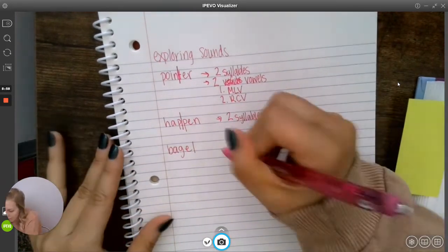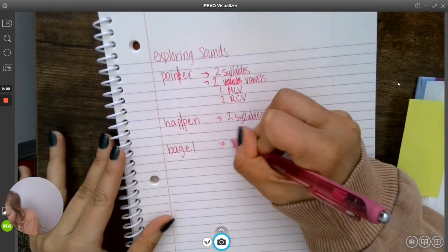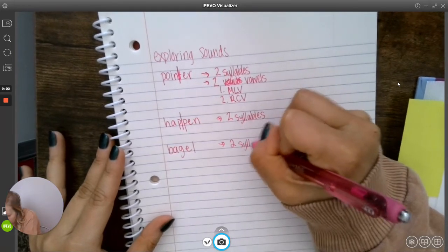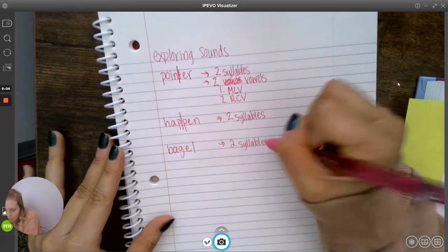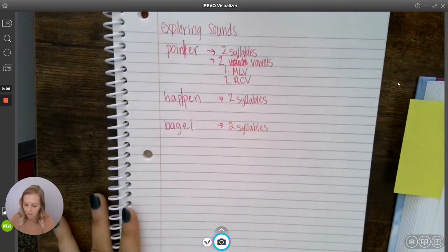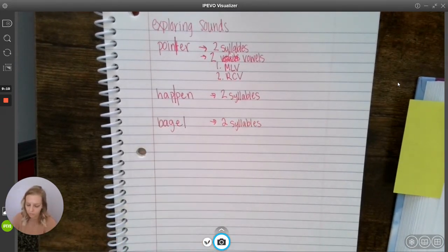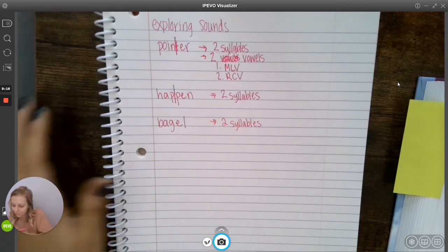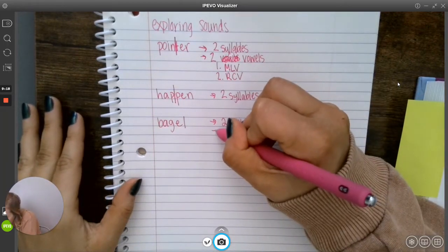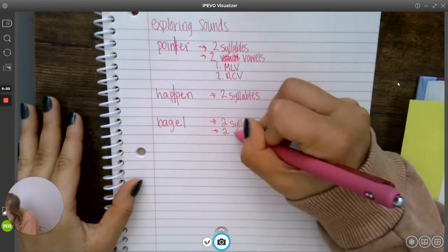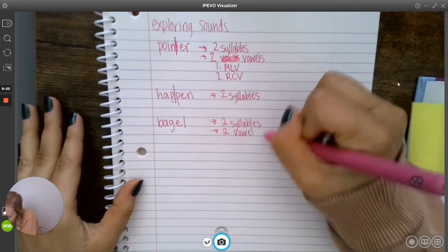And we just said bagel has 2 syllables. And what vowel types do you see in bagel? We have 2 vowel types. So we're going to write that note. 2 vowel types.